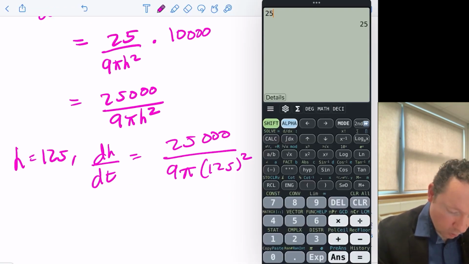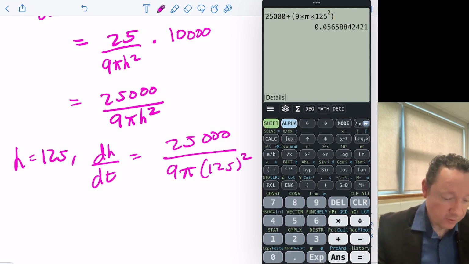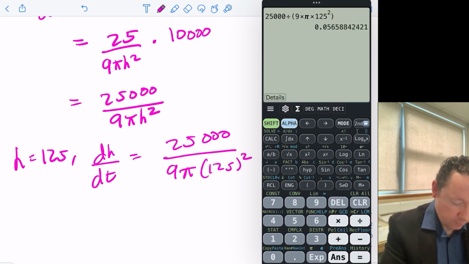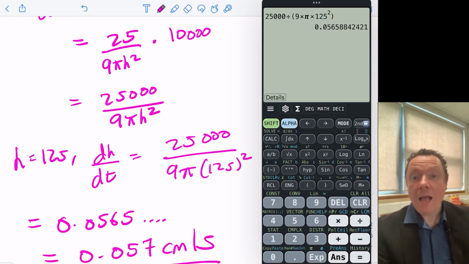So 25,000 divided by 9 times pi times 125 squared is 0.056588. Let's just write some of that down. 0.0565 and so on, or 0.057 centimetres per second. And we're done there.